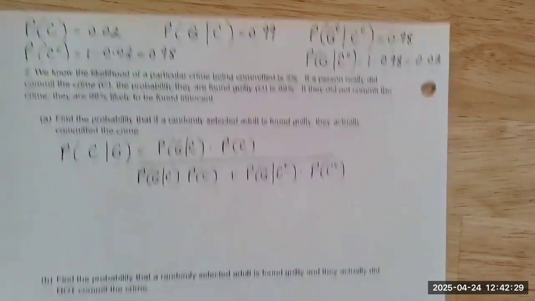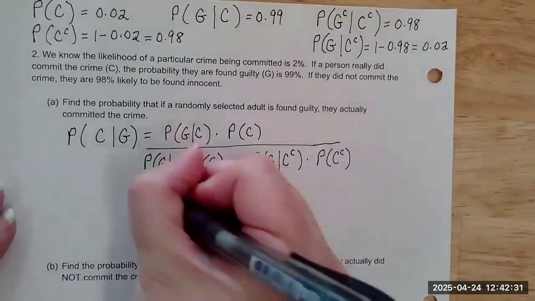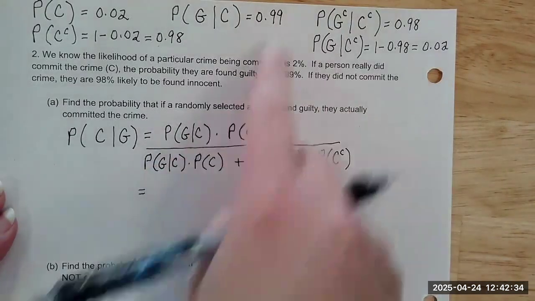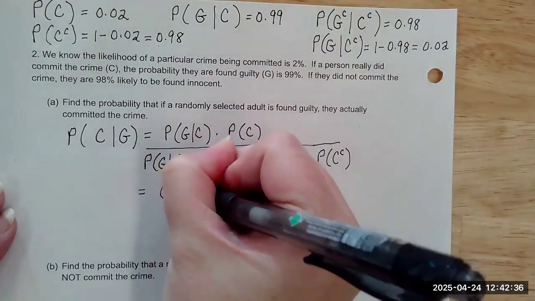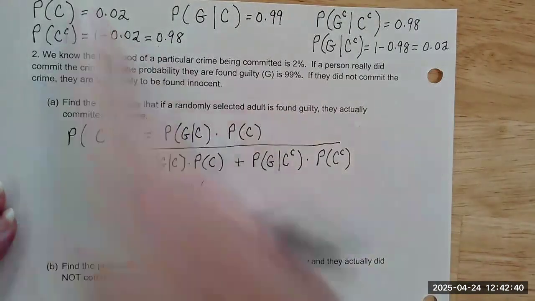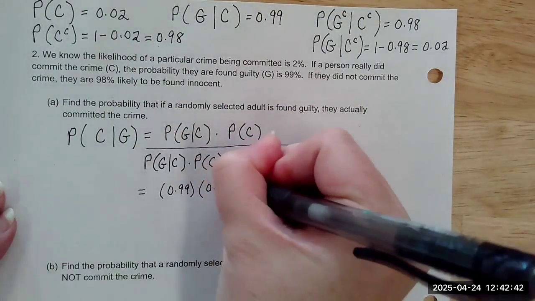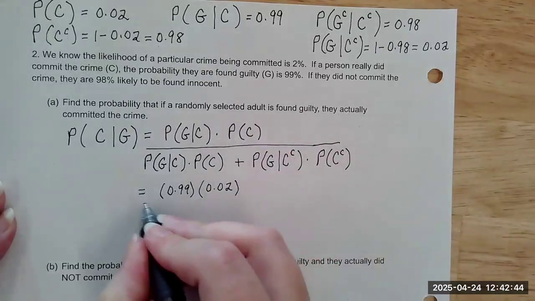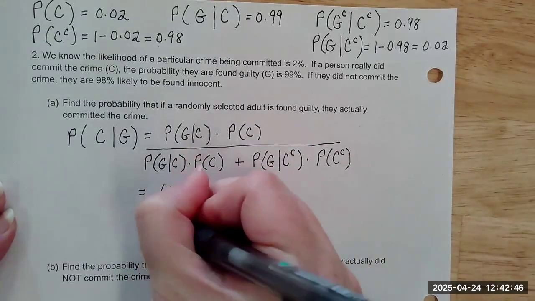We just have to plug it all in. So probability of G given C is 0.99. Probability of C is 0.02. We're going to write down exactly the same thing right here.